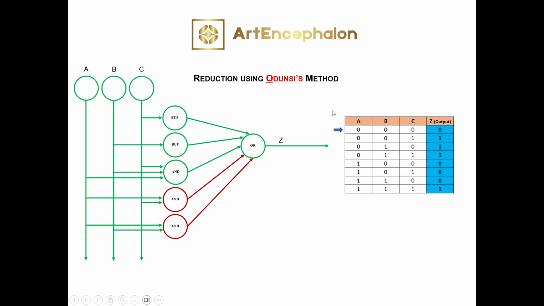When we have 0, 0, as shown by this pointing arrow here, A is 0, B is 0, and C is 0, the output is 0. We knew from the third lecture that when A, B, and C are not firing, then Z is not going to fire. Nothing is going to happen in this circuit.